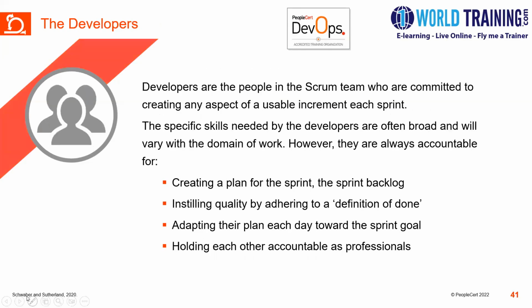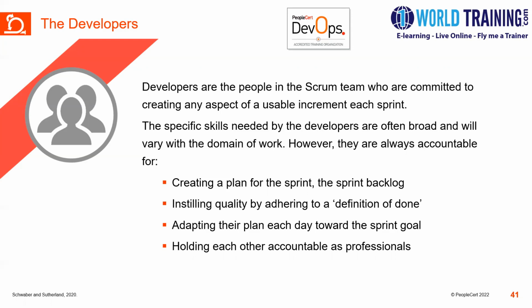Now, developers. The role of developer is the most critical one because they are the people who carry out the task on the ground. Developers are the people in Scrum who are committed to creating any aspect of a usable increment in each sprint. The specific skills needed by developers are often broad and will vary with the domain knowledge they bring to the table.